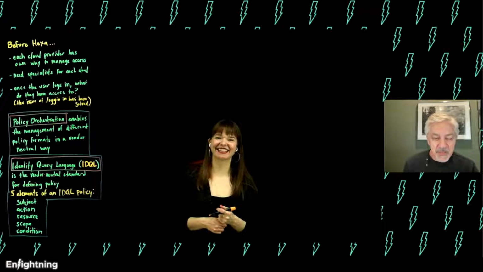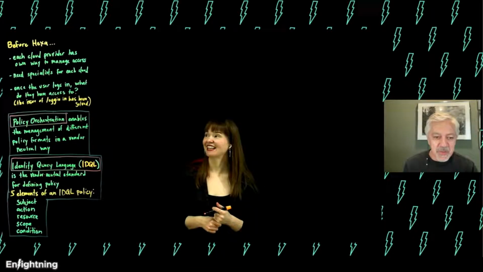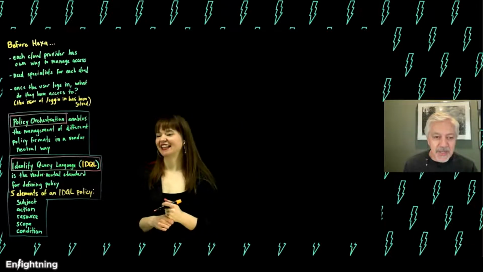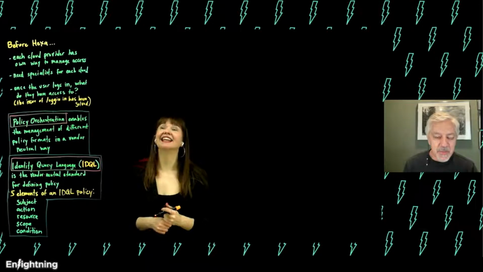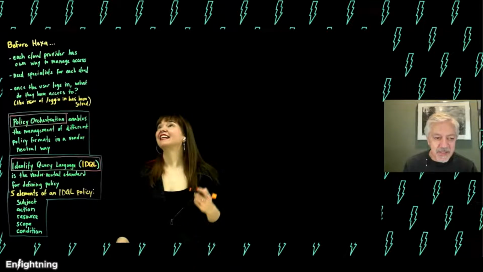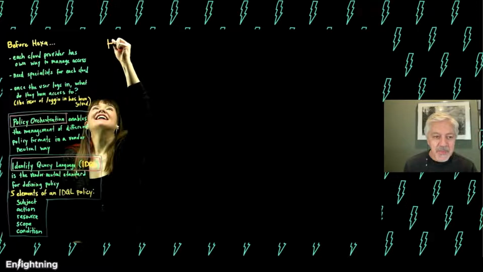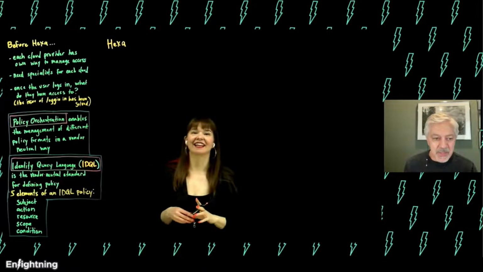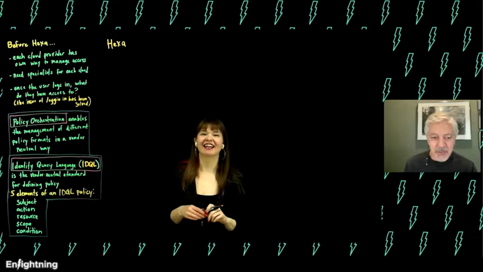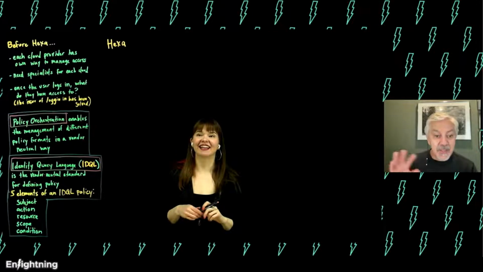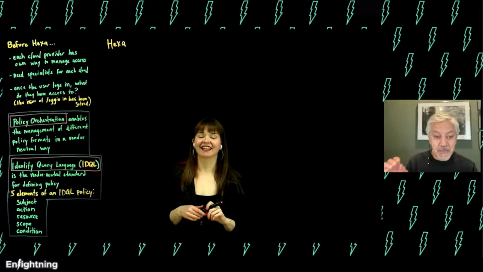And we started this Hexa open source project to actually show how this can work. Because the idea is that we can take IDQL and translate it into a format that Google and Amazon and Azure, for example, can consume, because we're not replacing the runtime decision and enforcement apparatus. We are just a policy management layer.